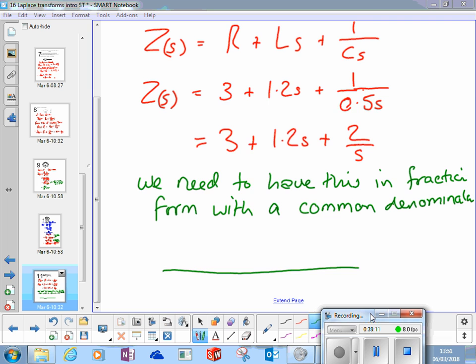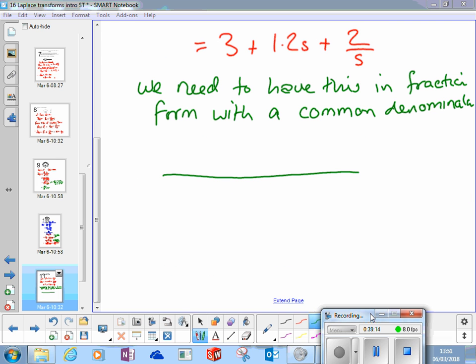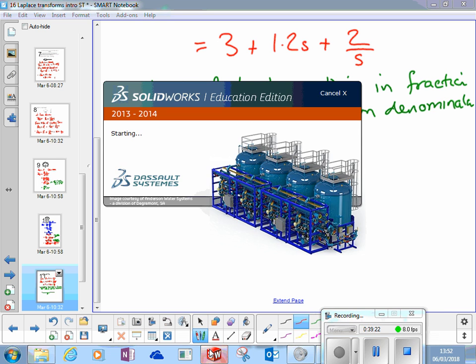So we want to be able to do that and have a common denominator underneath, s. So the last bit is easy.